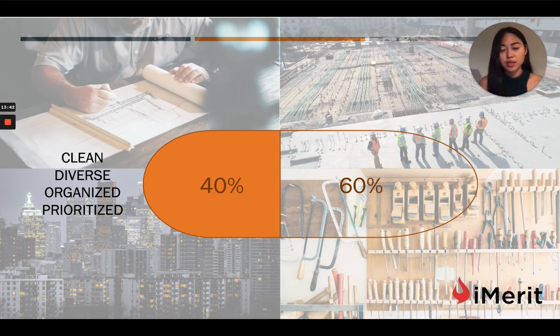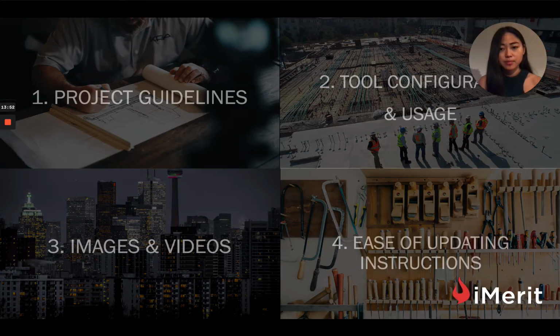So taking the previous image, now we have 40% of the data that we decide to move forward with. It's clean, it's diverse, it's organized, and prioritized. So these are the contributing factors to making sure that you have guidance when it comes to the data set you're about to create.